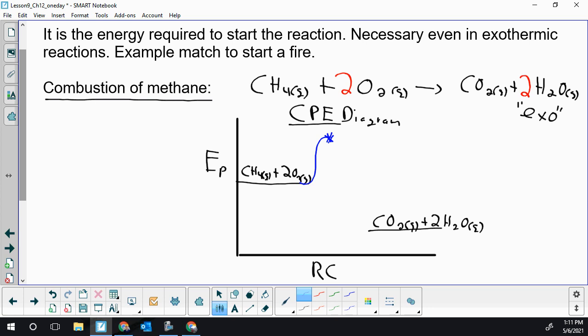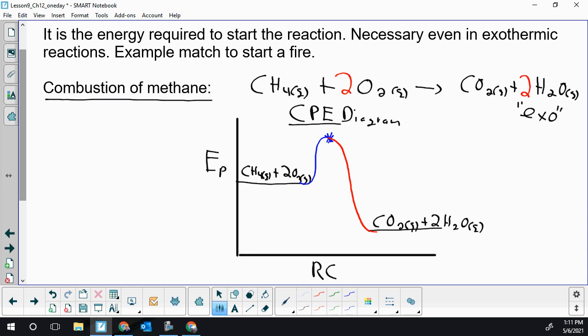This is in the middle of the reaction where maximum bond breaking is occurring, atoms being separated from each other, breaking those chemical bonds. After the bonds have been broken, new bonds are going to be formed until you get to the potential energy of the products.